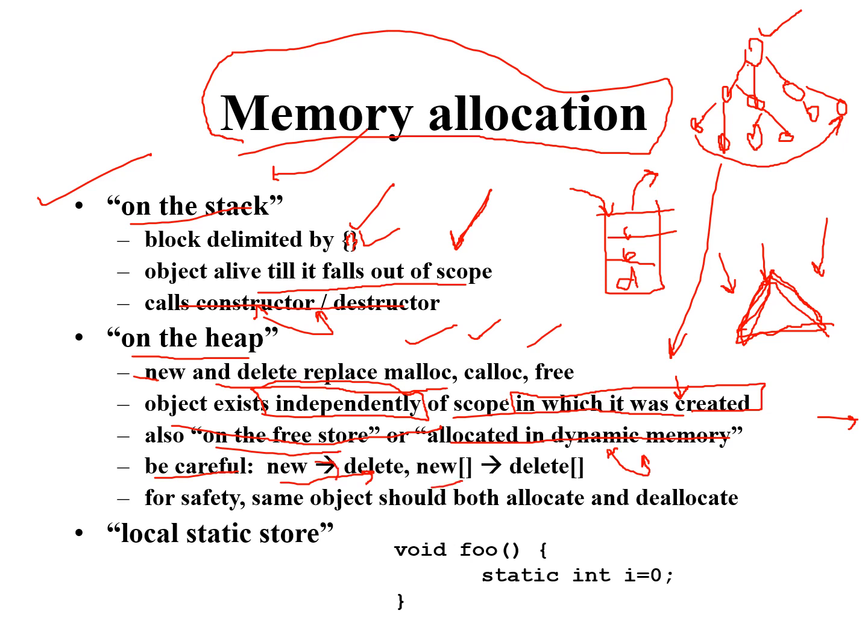I told you new has some capacity, and therefore delete is also allocated with some capacity. This is how memory allocation actually works. Some objects can be both allocated and deallocated, that is, the allocation process and the deallocation process.